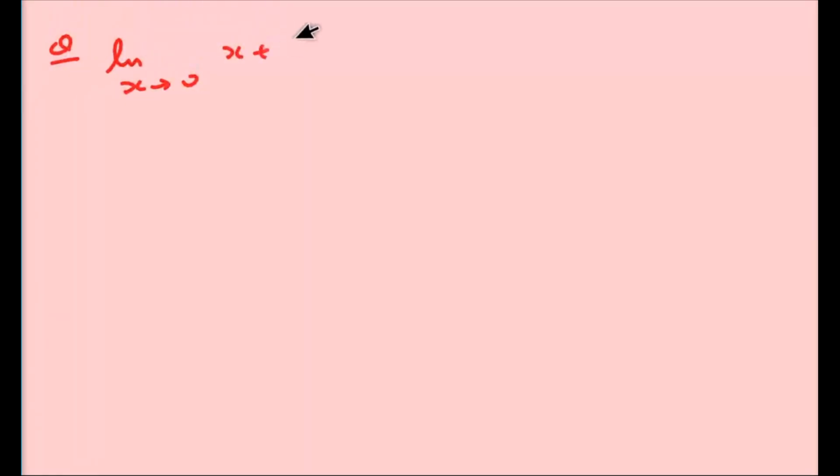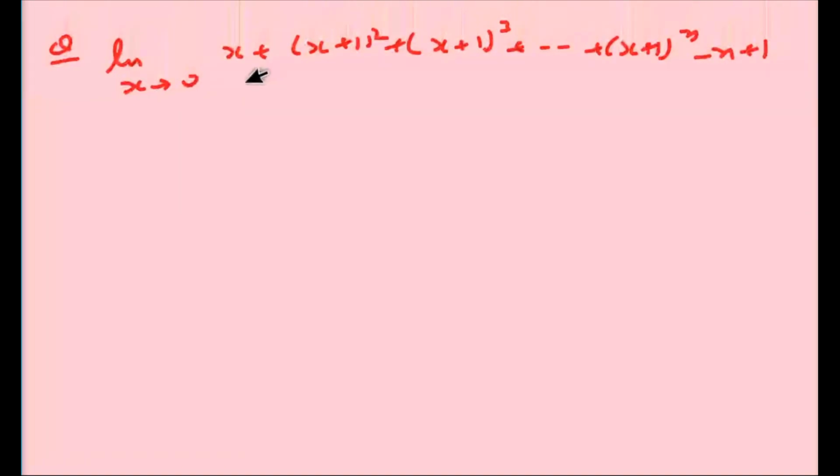The question is (x plus 1) square plus (x plus 1) cube plus dash dash dash plus (x plus 1) to the power n, minus n, plus 1, upon x. Student, you have to check each term very carefully, then you can understand which formula we have to use.